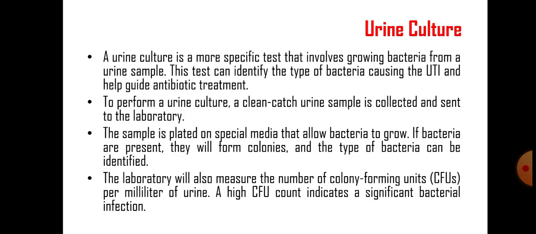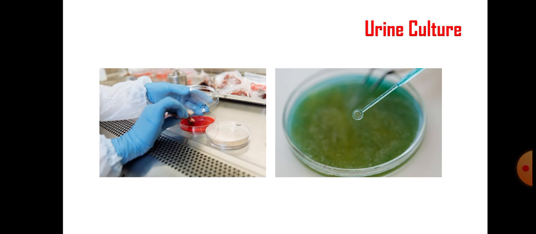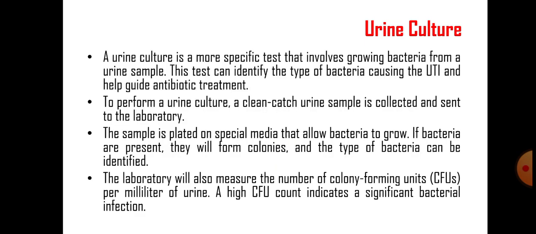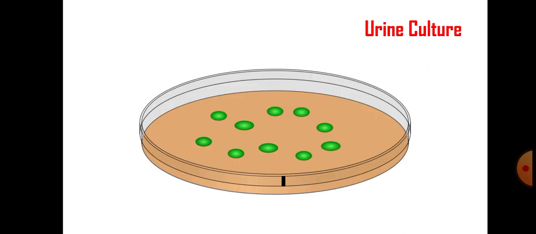Another important procedure done in the laboratory, as recommended by the physician, is urine culture. What is actually urine culture? Urine is collected and inoculated onto a plate containing a suitable medium. After a particular time period, the organism will grow on the surface of the media, enabling the laboratory assistant to count the number of colonies.